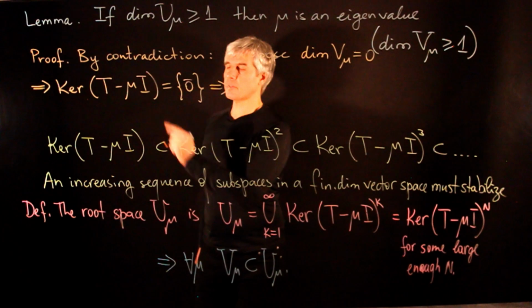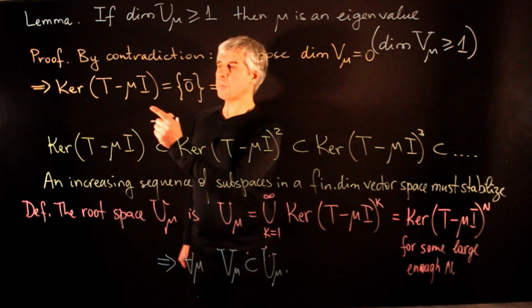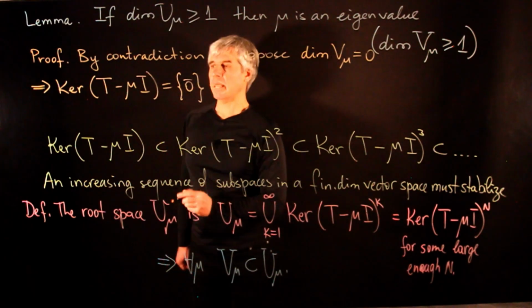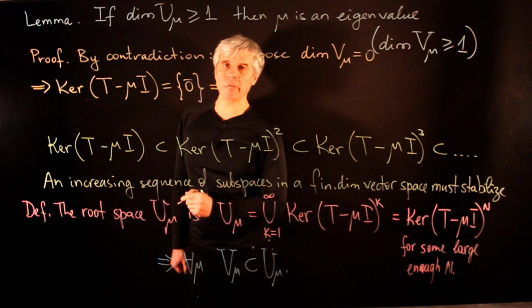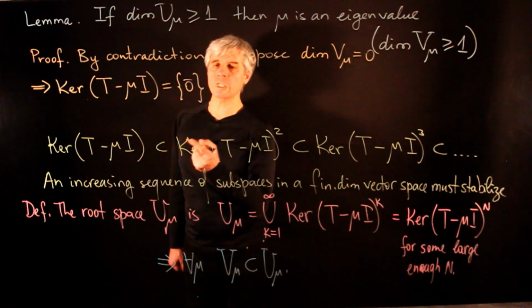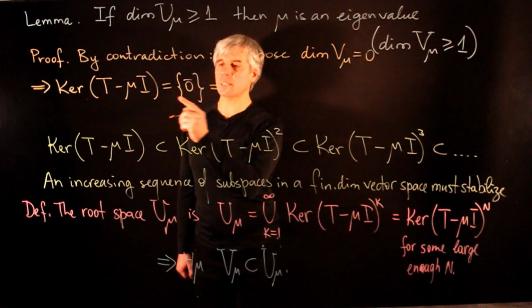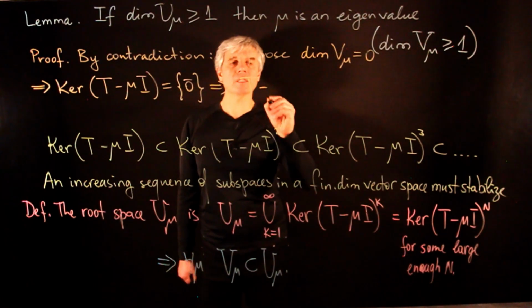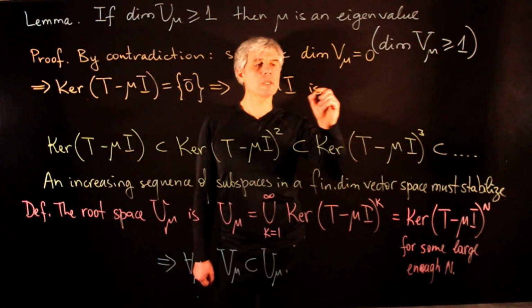This means that this transformation is injective, but operators have square matrices, and injectivity for square matrices implies surjectivity. So this tells us that T minus mu I is invertible.